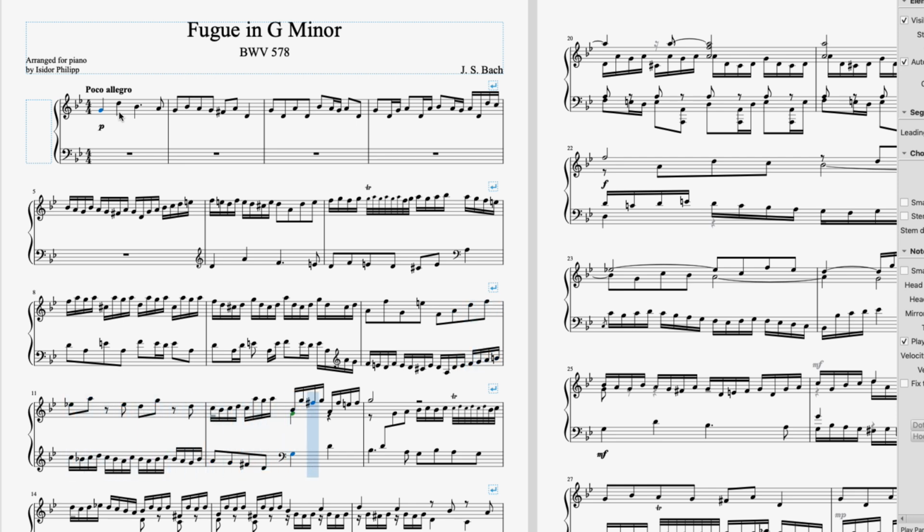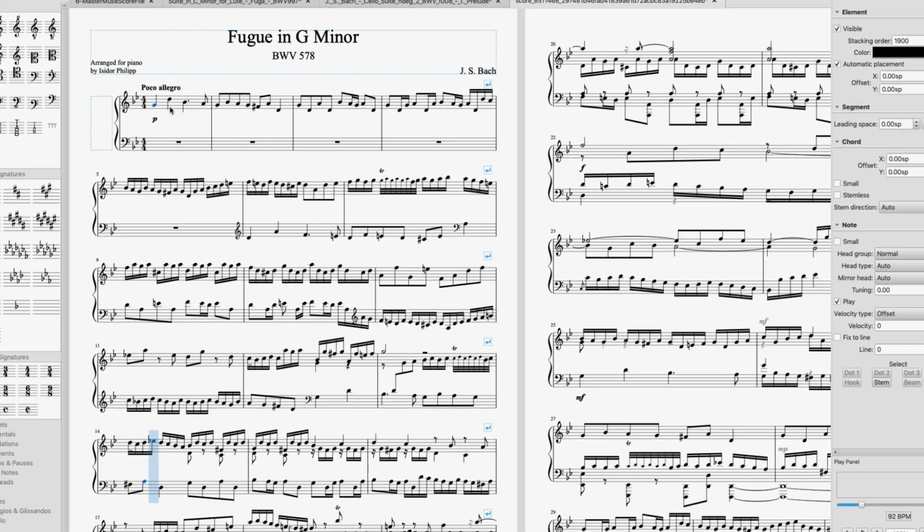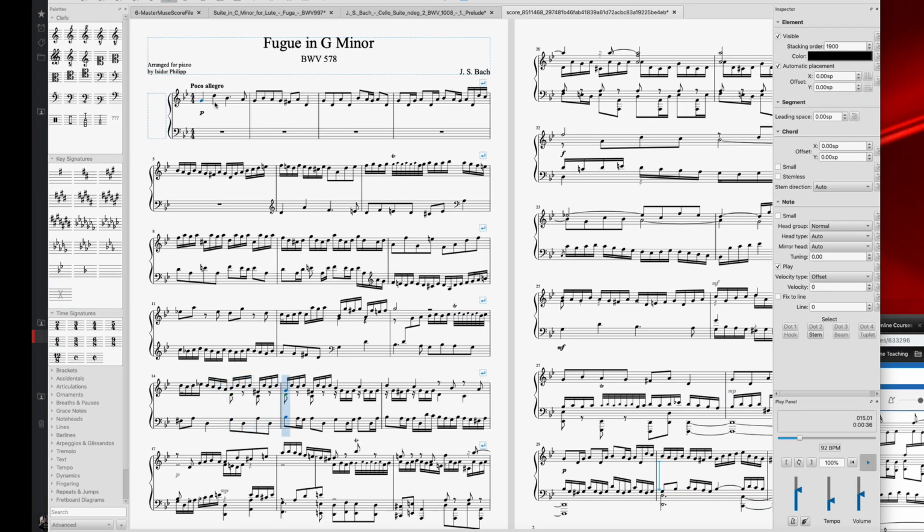Something a little different. There it is again. We have the subject again, this time at the original key, but down an octave. So now we have three voices going. Now we get it in the big low, low in the bass.